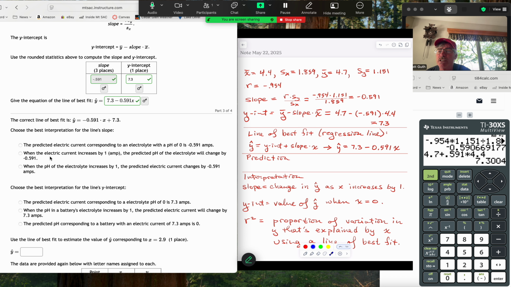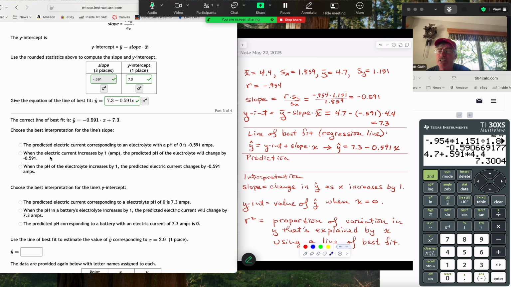Next, the y-intercept. So for the y-intercept, we have an interpretation here. It's the value of y hat, the predicted value of y, when x is 0. Now, this would be the electric current, and when x is 0, that's just the pH. So if the pH is 0, which is a pretty strong acid, then this will give an electric current.